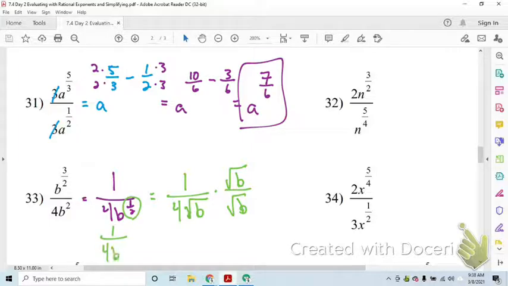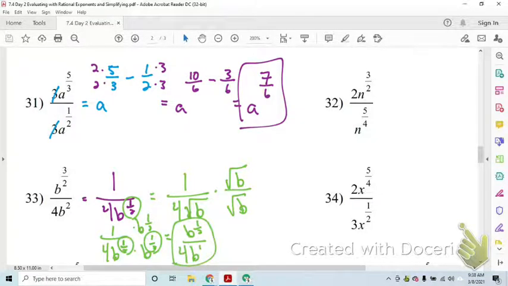We could take this b to the 1/2 and multiply it by b to the 1/2 over b to the 1/2. That would give me b to the 1/2 power over 4b, because 1/2 plus 1/2 is 1. That's going to be my answer, but you might like it better this way. So root b over 4b.